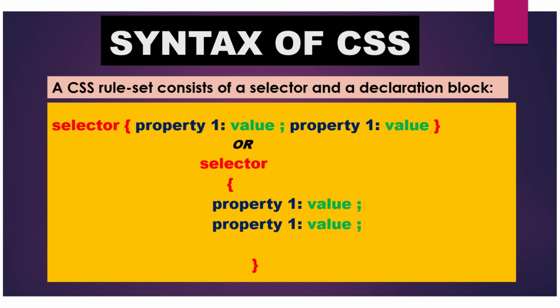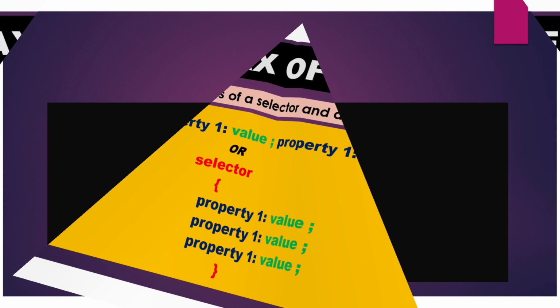So this is how you can implement the CSS in your web page. You can also insert property 3 with value 3. It depends on the number of properties you are going to use.